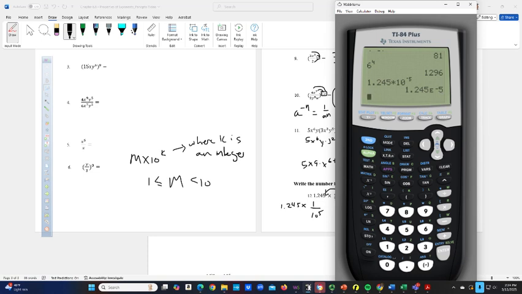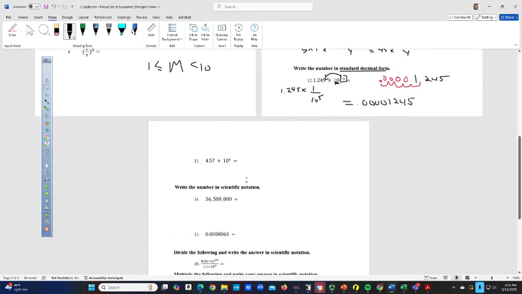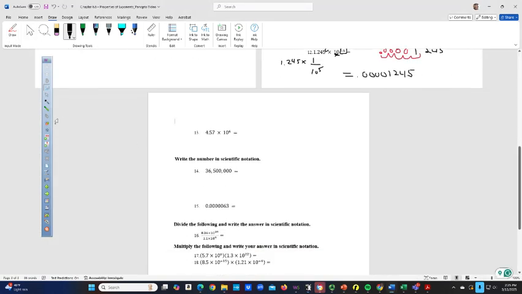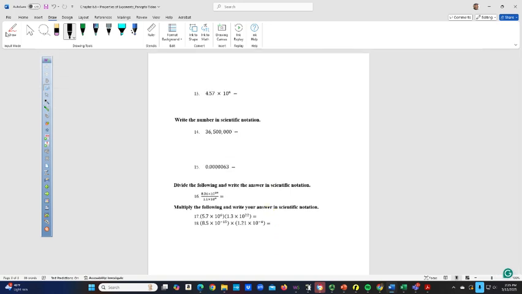All right. So let's take a look at question number 13. 4.57 times 10 to the 6. This is positive, therefore we are going to move our decimal 6 places to the right.